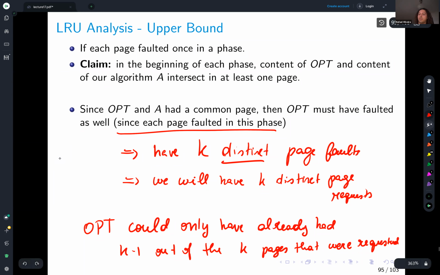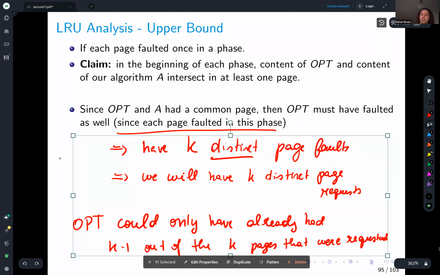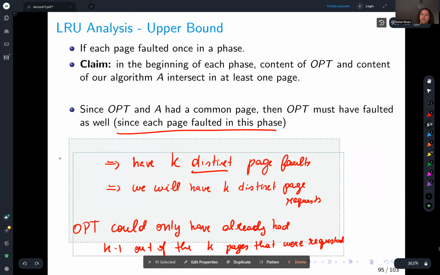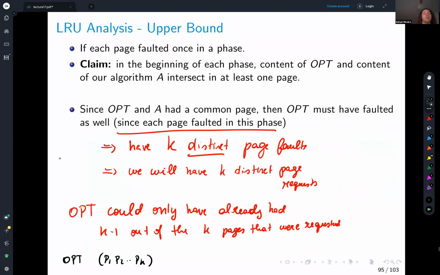Because let me just move it here. Like if you think about it, let me just write it succinctly. Oh, let me decrease this. There we go. Right? So in the beginning, opt's cache cannot be P1, P2 up to PK, right? So let's say that P1 up to PK are the faulty requests.